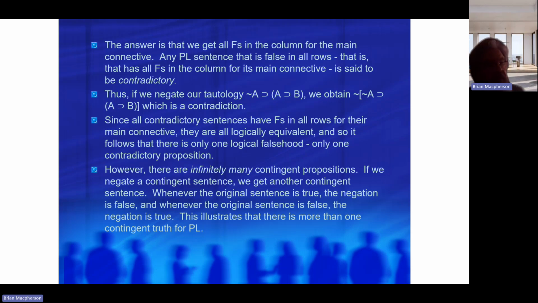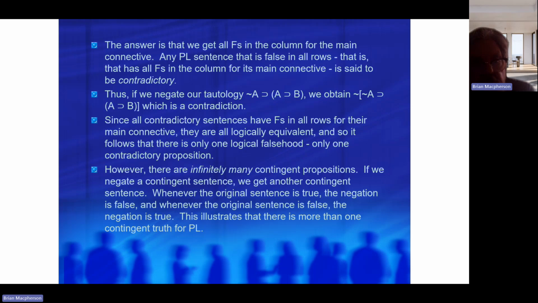Any propositional logic sentence that is false in all rows of its truth table is said to be contradictory. If you did the truth table for that, you would find that you get false in all rows.